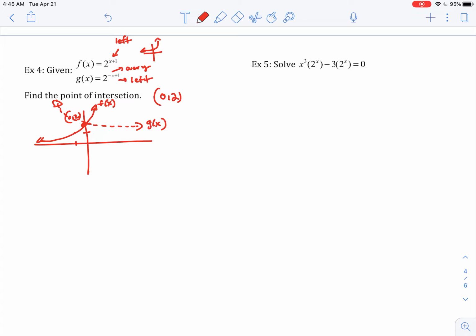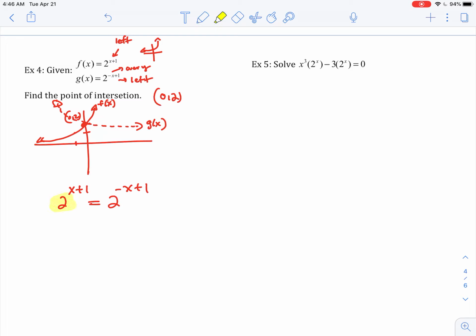If we go to solve that algebraically, if you are finding a point of intersection, then where are those two equations equivalent? Where do they have that common value? So 2 to the x plus 1 equaling 2 to the -x plus 1.